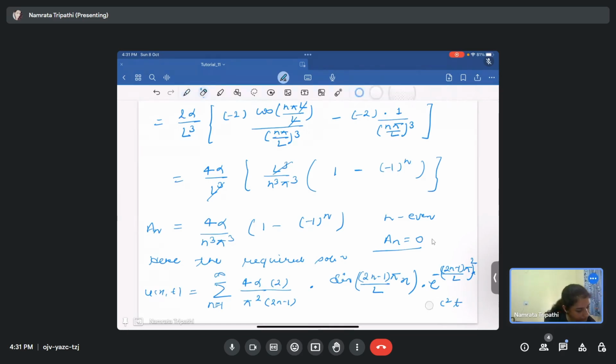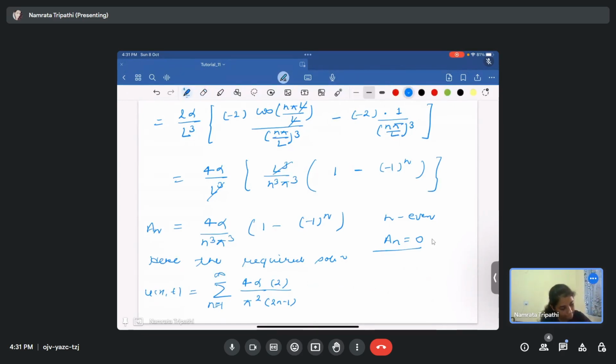Okay, let me write. Sine n pi x upon L, in place of n we are replacing 2n minus 1 because n is odd.